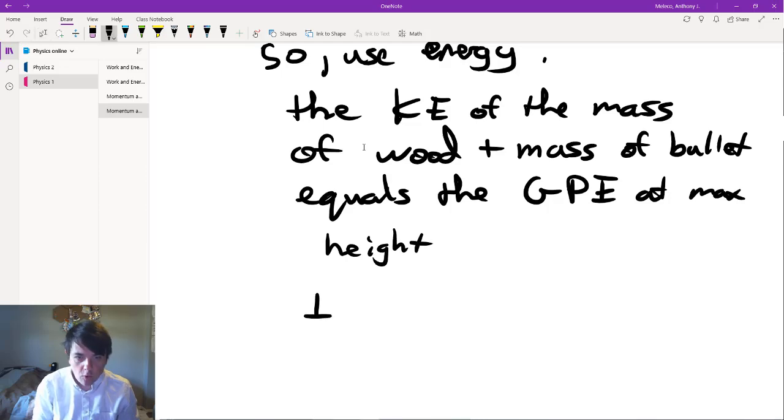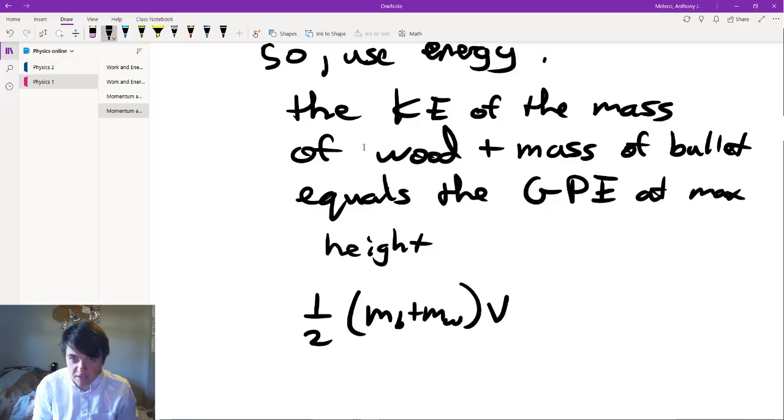So 1/2, the mass is both of them, V final squared equals MB plus MW gh, right?